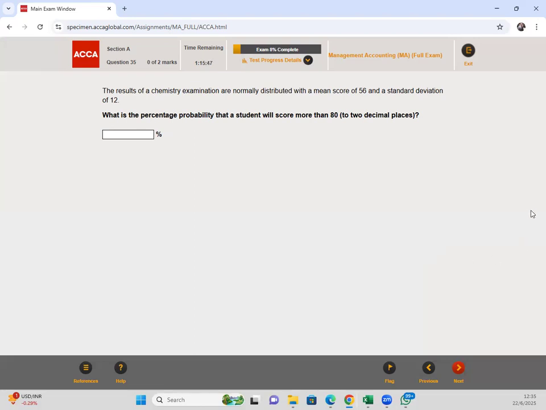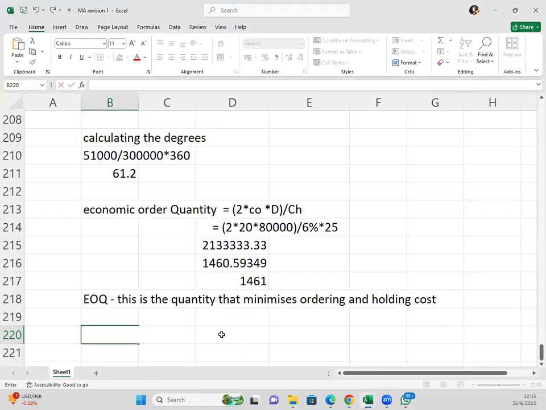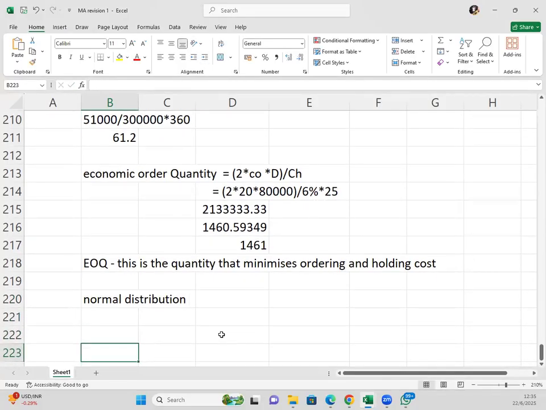In a normal distribution, we have the standard normal distribution.